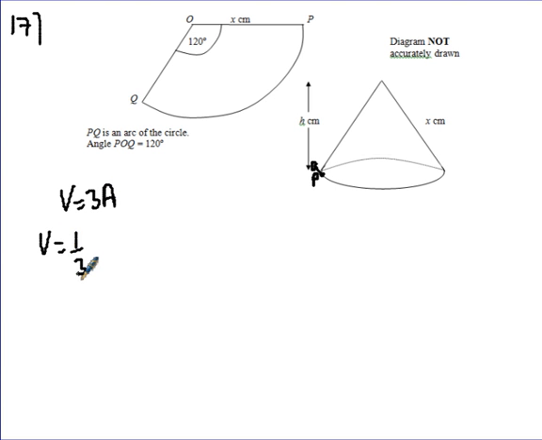V is a third pi r squared h, and the area is pi r L. Now L is this thing, so L is x. So we know that V, so a third pi, now what's r? R is your radius.